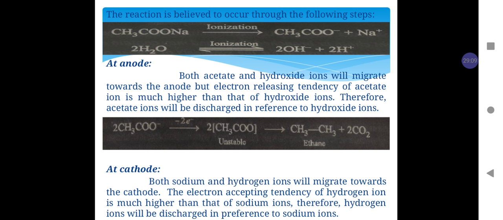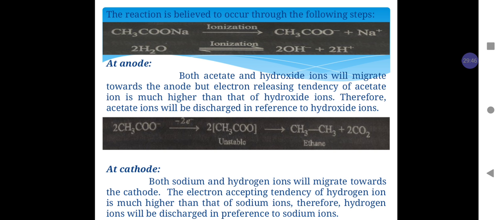At anode, acetate anion, which has higher electron releasing tendency than that of hydroxide ion, will be discharged according to the reaction shown in the diagram to form ethane and carbon dioxide, while sodium ion and hydrogen ion, which are positively charged, will move towards cathode.